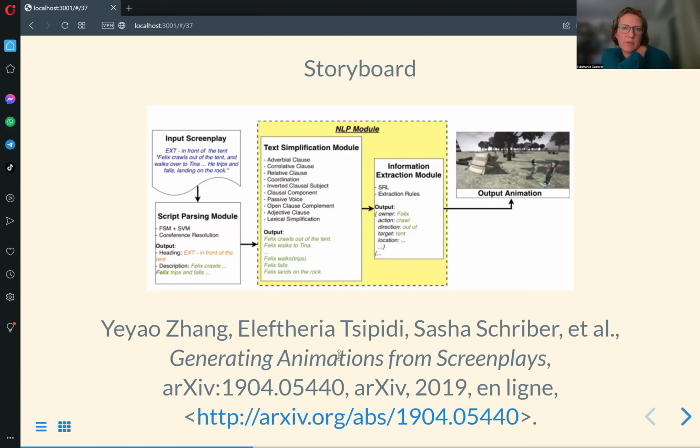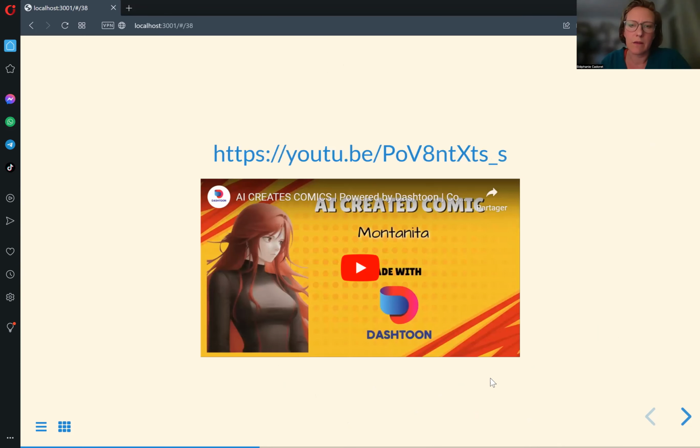Disney Lab Research presented a script to storyboard output on Unreal, but it's very rough. There's this app that aims to create webcomics.